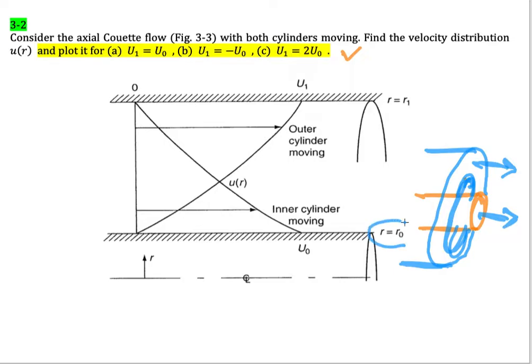We state that this radius is r equal to r0 and this radius is r equal to r1 for our calculation. So this surface refers to this surface, and this surface refers to this surface, because the fluid is filled in here. If we have a fluid here, the velocity distribution will occur inside this gap.